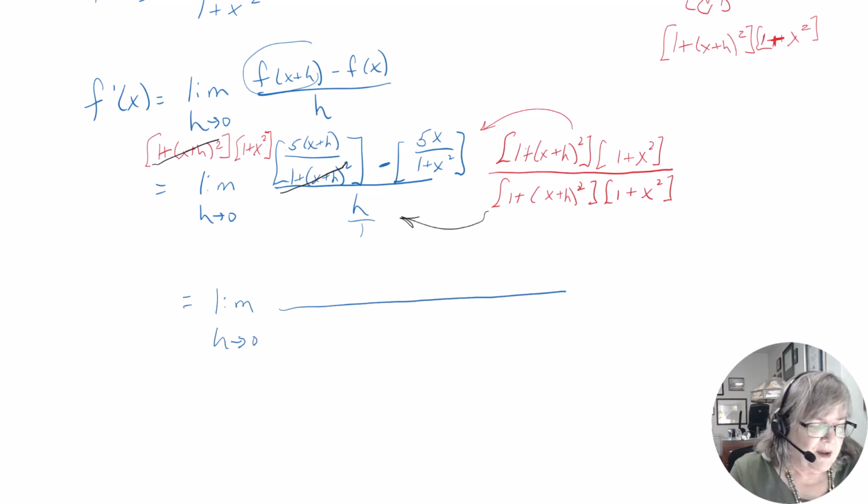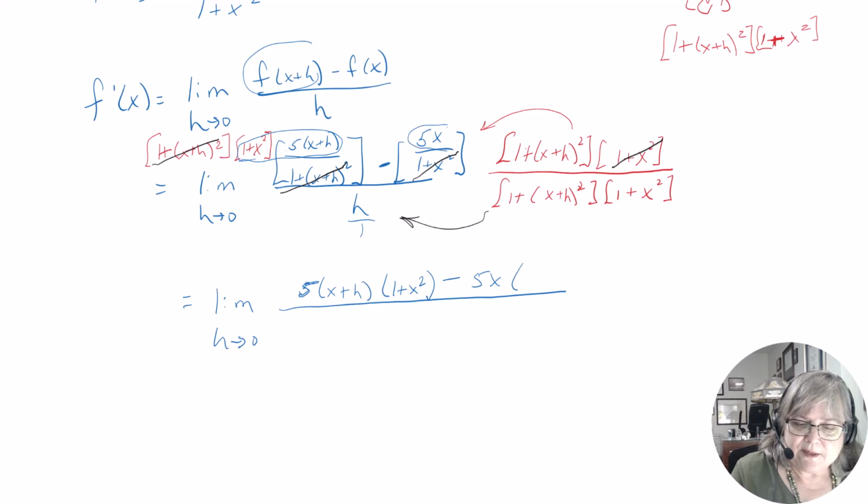All right, and you have the 5 times x plus h that you started with times this 1 plus x squared that is left right here. Okay, then this 1 plus x squared cancels this one, and you have 5x times, so this is going to multiply this part that's still left, 1 plus x plus h squared.